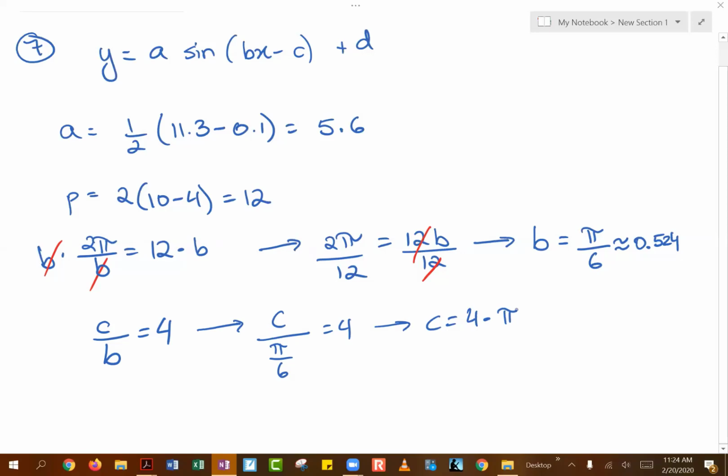You're basically multiplying 4 with pi over 6 to get C. 2 pi over 3, and the decimal approximation for that? Yeah, and we'll round it to 3 decimal places also. So 2.094.